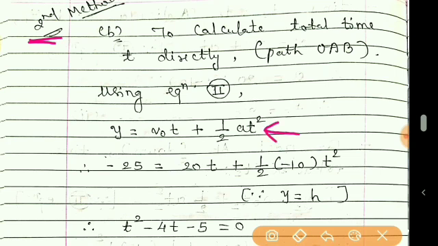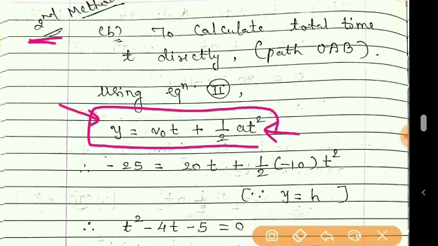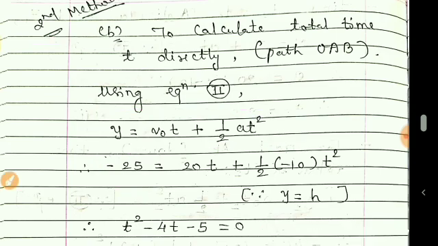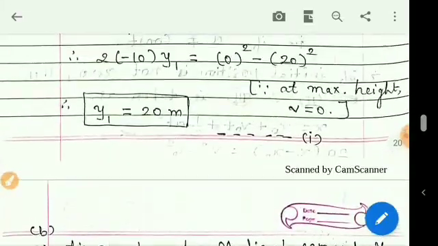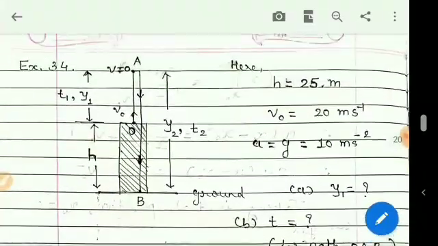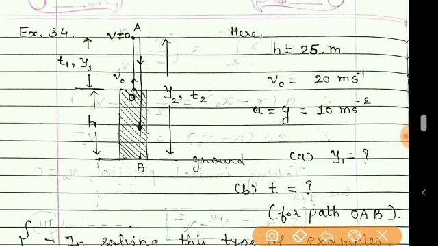So what we have done here, using this equation, that is equation number 2, kinematic equation number 2, y is equal to v naught t plus half at square. Students, here we have taken this y as minus 25. Now I will show you why it is minus 25. So once again move to the figure. Students, the object is thrown from this point.